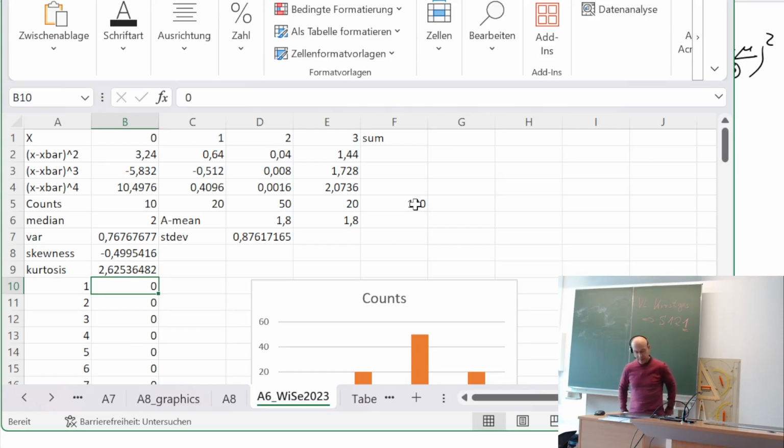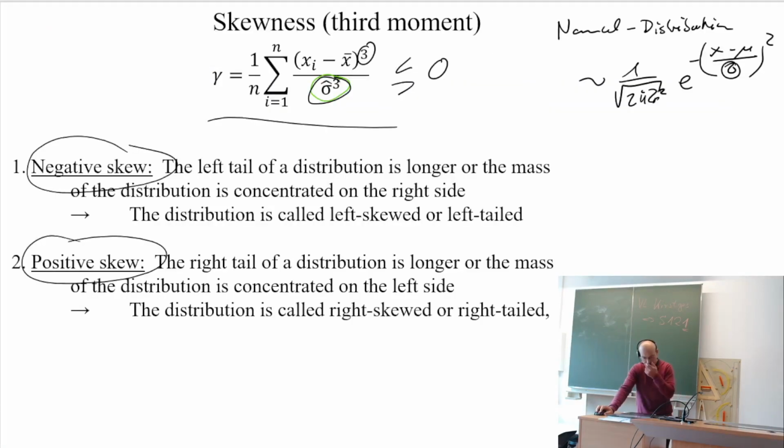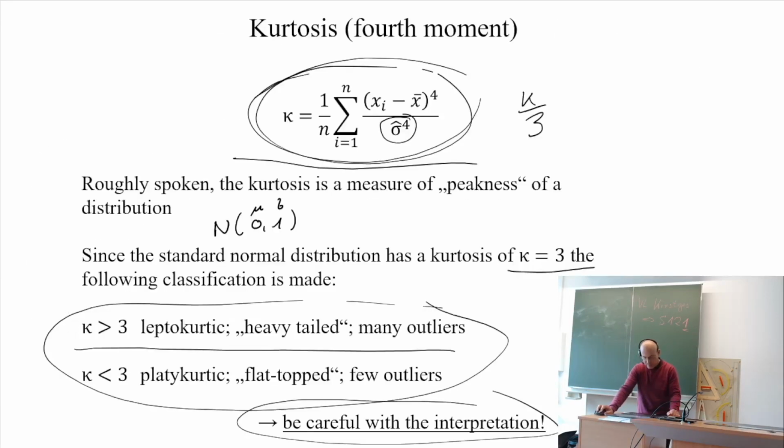And a kurtosis of 2.6. So here we are looking at the benchmark, so to speak, of a kurtosis of 3.